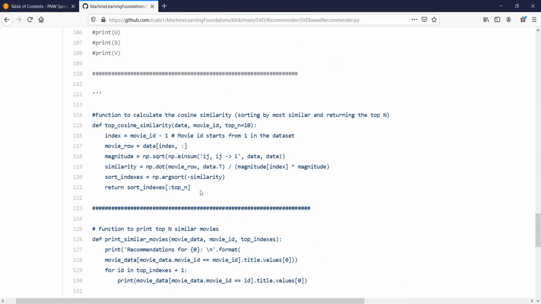Here, instead of using Euclidean distance, the code uses a function that uses the cosine similarity. Without getting into a lot of detail, cosine similarity offers the same goal as the Euclidean distance, calculating distances between things in a vector space.